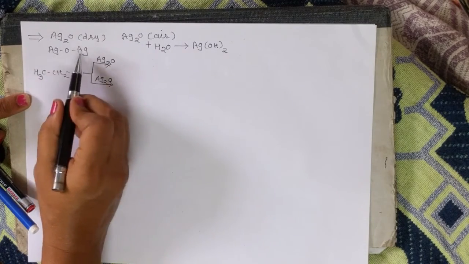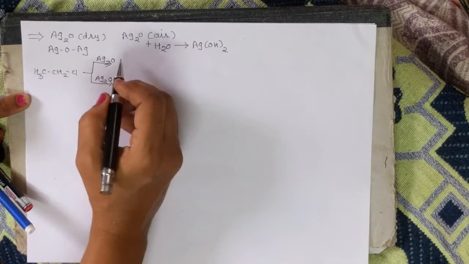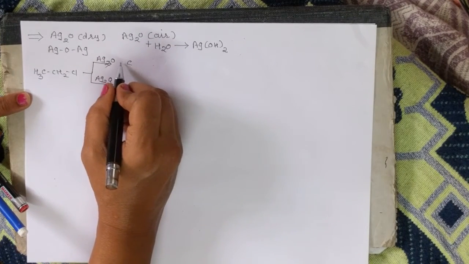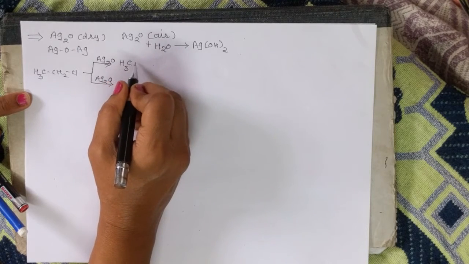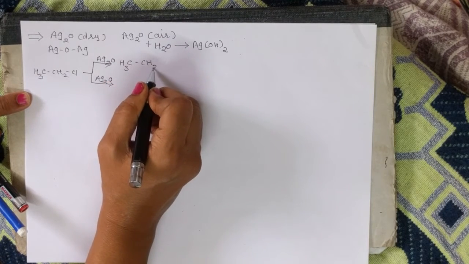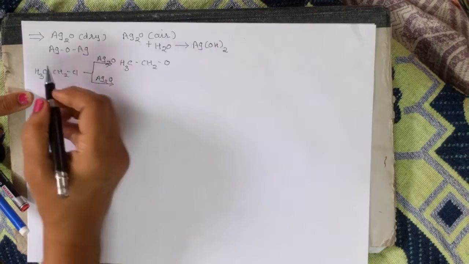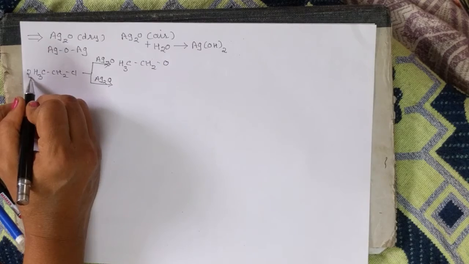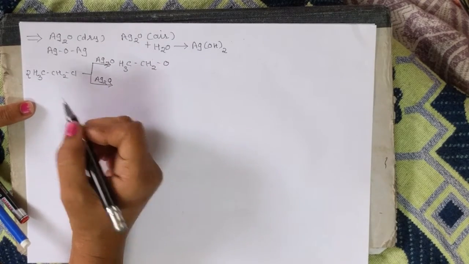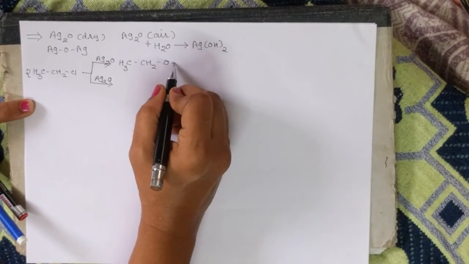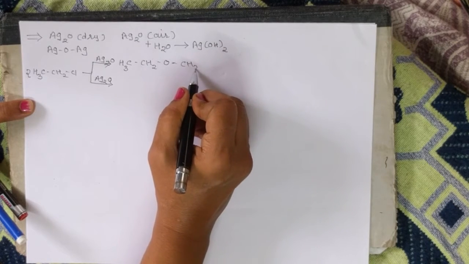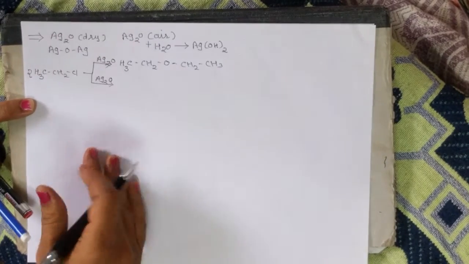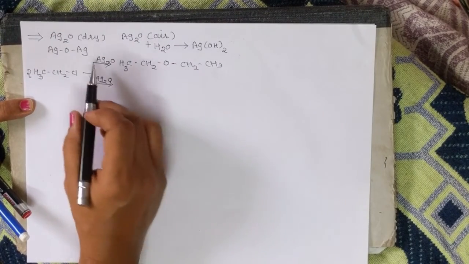So here Ag will be replaced, or it just goes out as a byproduct. So here you get the ether. So here we require 2 moles of methyl chloride, CH3, CH3. So here is your product as an ether.